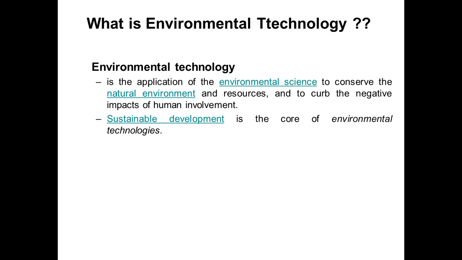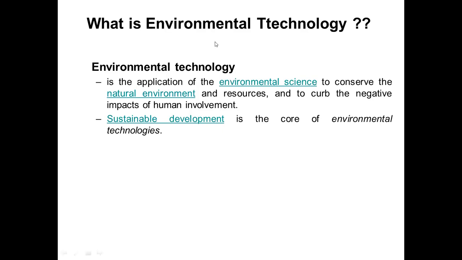There are 3 spheres: atmosphere, lithosphere, and hydrosphere. In our planet Earth, there are these 3 sections. So we live in the biosphere, where all these three sections are available. Water is available, air is available, and also land is available. Without land, we cannot survive. So we live in the biosphere.